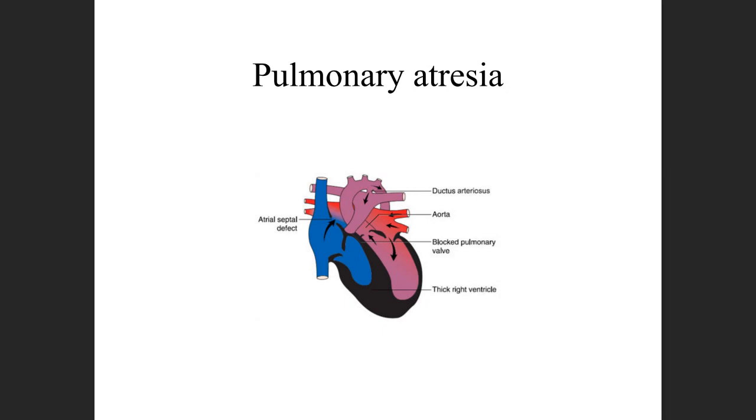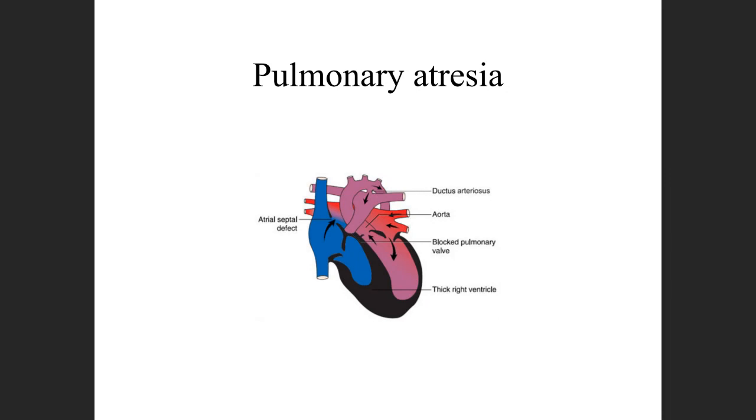And in this situation here, we have an atrioseptal defect. So blood from the right atrium goes across this defect into the left atrium, and there is mixing of blood. And blood is usually supplied to the pulmonary arteries via arteries which come off the aorta.